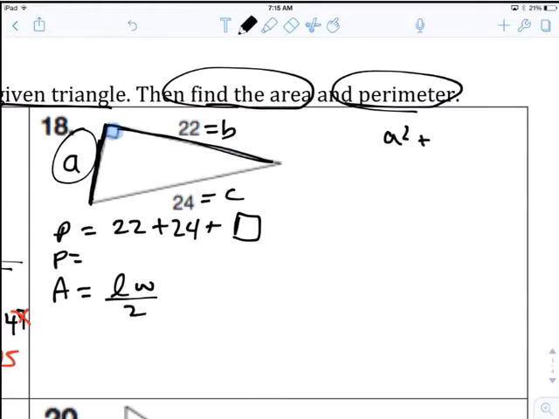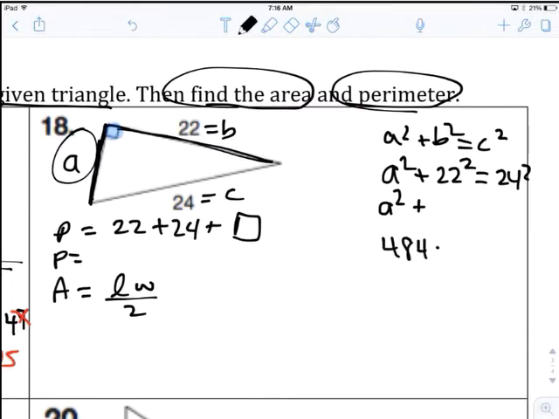Okay, let's do A squared plus B squared equals C squared. A squared plus 22 squared equals 24 squared. 22 squared is 484, plus A squared equals 24 squared, which is 576.